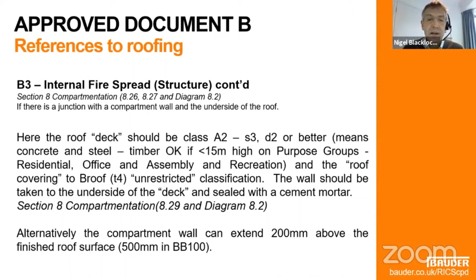If it's above 15 meters and not in those purpose groups with a plywood deck, you would have to make extra precautions. And that assumes that you've got a seal to the underside of the deck with something like cement mortar. Of course, the other way of avoiding all of that is if the wall carries on through the deck above, then that's another way of dealing with it.